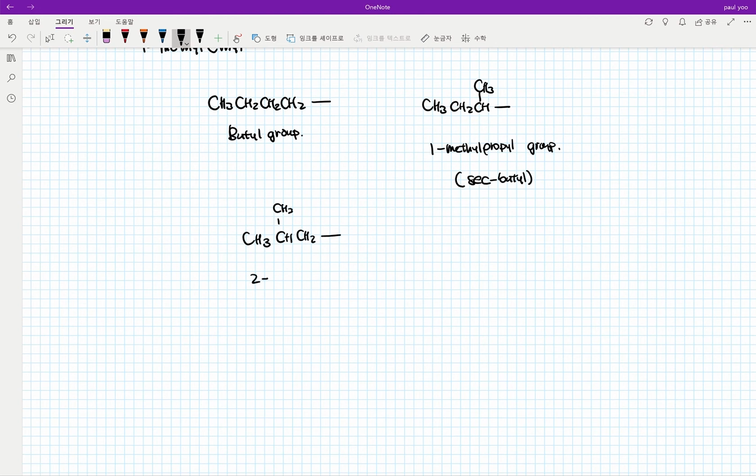It's a 2-methylpropyl group. It has a common name of isobutyl.